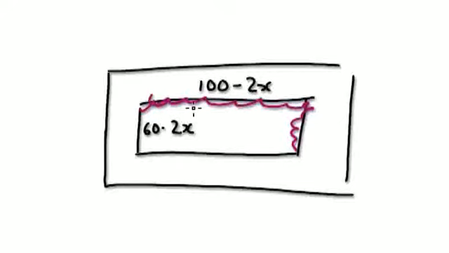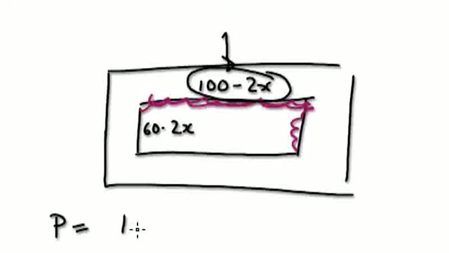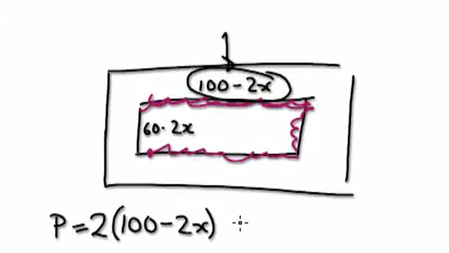Remember this length here is 60 take away 2x, and this length up here is 100 take away 2x. If you want to know the perimeter, let's say P equals, so this exists in a bubble because we've got to work out this first, and then we're going to times by 2 because there's another one down here. Now we've got to get this length here.